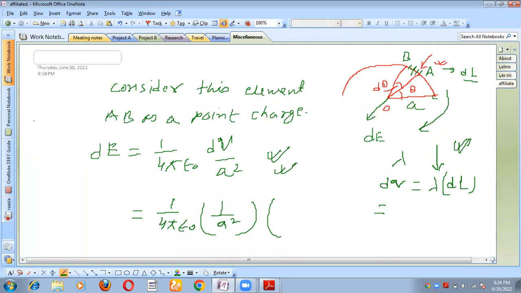If you see, dl is like this. This is dl, and this angle is d theta, and this portion is a. So can we find dl? This acts as a very small arc, dl. So what will be the value of dl?